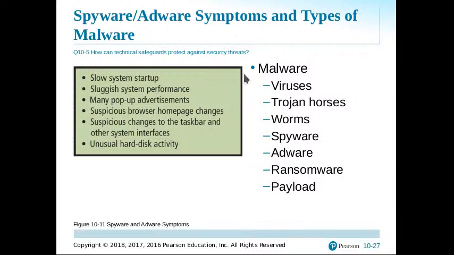Then there are Trojan horses. This is a kind of software that comes into the system somehow on purpose. Like I said, some company in China tried to put a Trojan in the computers they sell on the market.